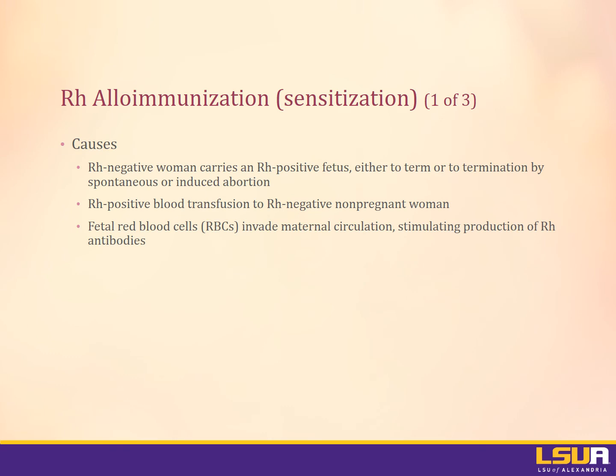So the cause: an Rh negative mom can carry an Rh positive fetus either to term or to termination by a spontaneous or induced abortion, or by an Rh positive blood transfusion to an Rh negative non-pregnant woman, or fetal blood cells invade maternal circulation, and this stimulates the production of Rh antibodies.